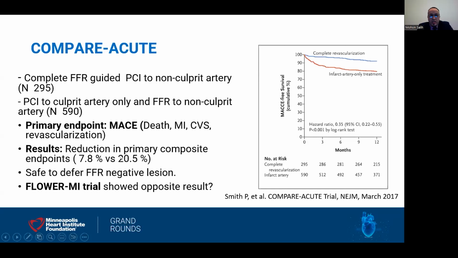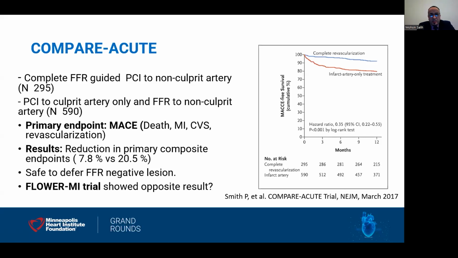The endpoint was to reduce the primary composite endpoint, which is death and revascularization, and the result showed that the culprit patients have similar FFR results, where FFR can be used to defer a negative lesion, and it showed that the primary composite endpoint happened in about 8% with complete revascularization versus 20%.